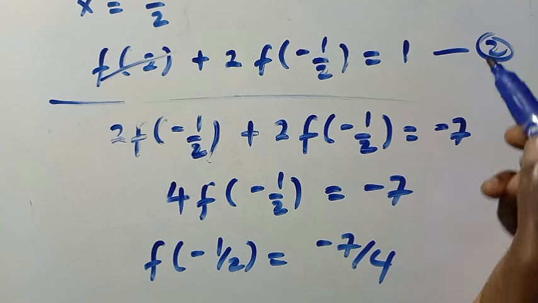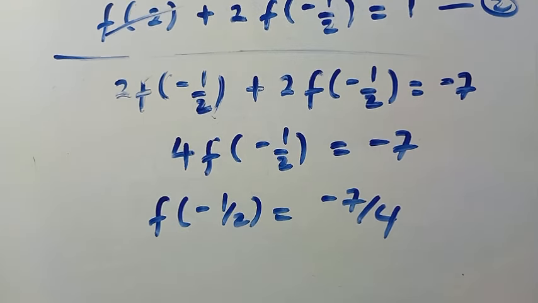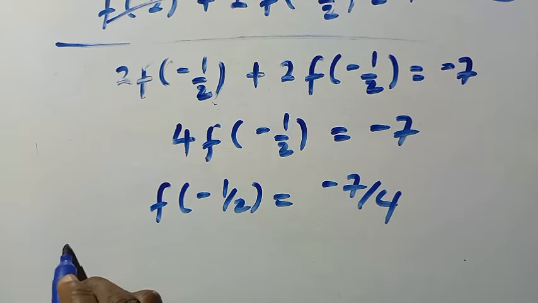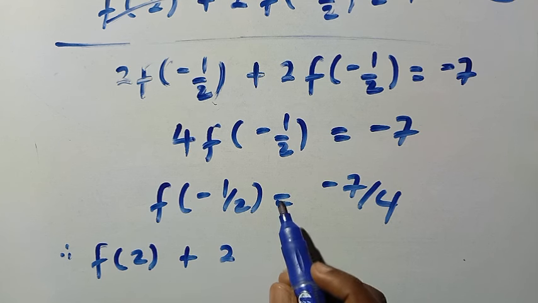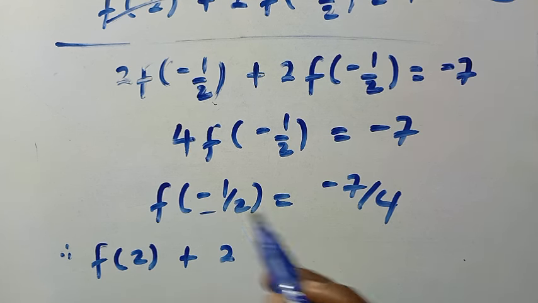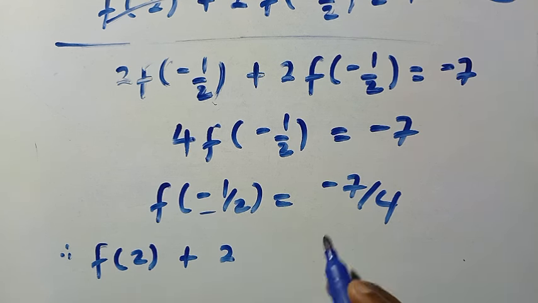So we got this first one so that we can get the second one. Recall from equation 2, we have f(2) plus 2 times f(-1/2), which is given as -7/4.